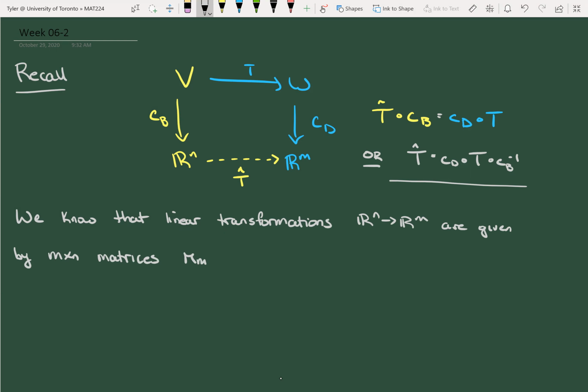We haven't had much occasion to use this notation because usually we talk about square matrices, but there you go, that's the set of all M by N matrices. And so what this means is once I have this linear transformation T hat here, I might be interested in figuring out the corresponding matrix that goes with it.